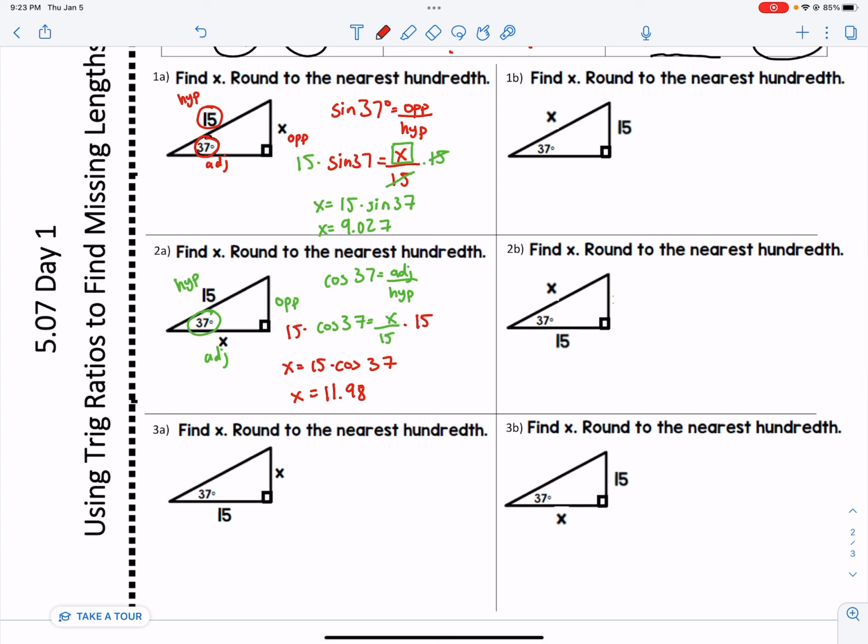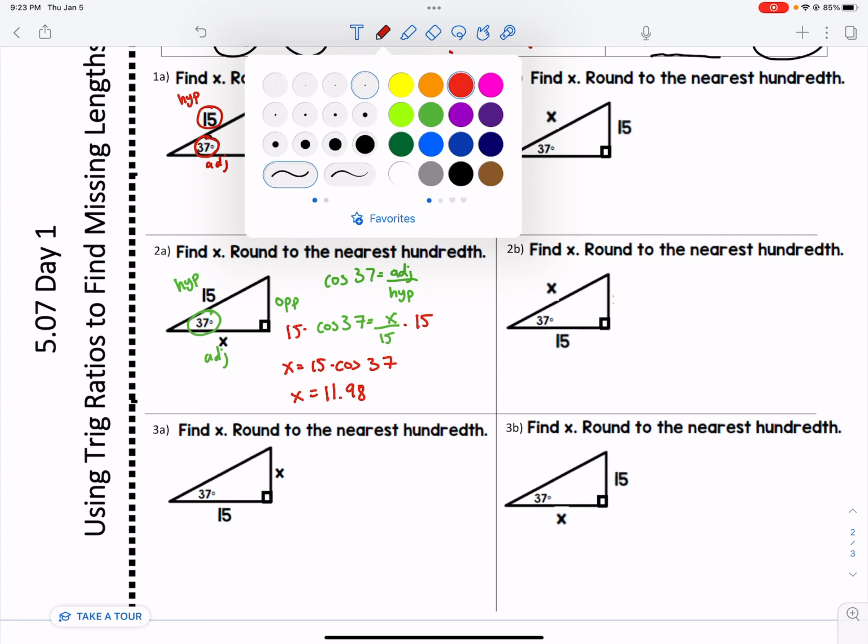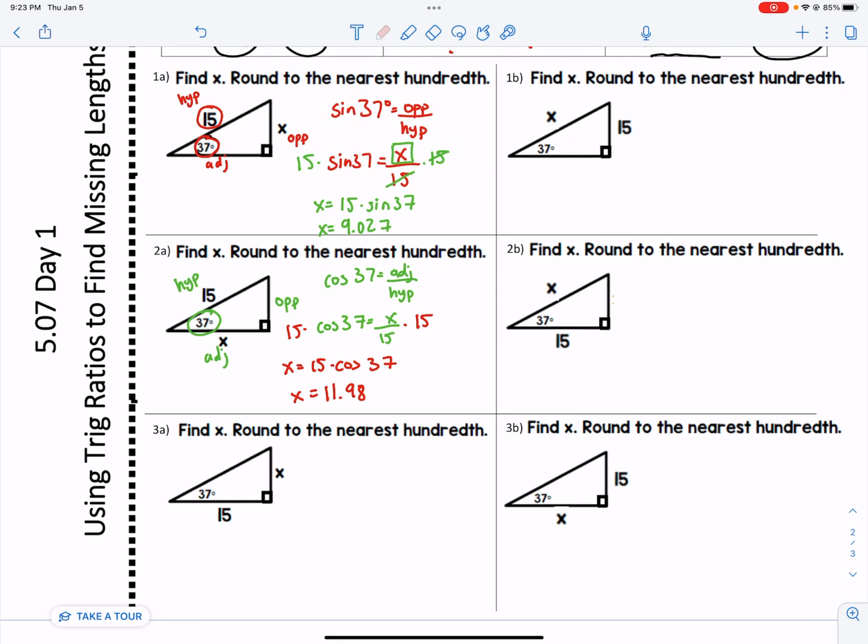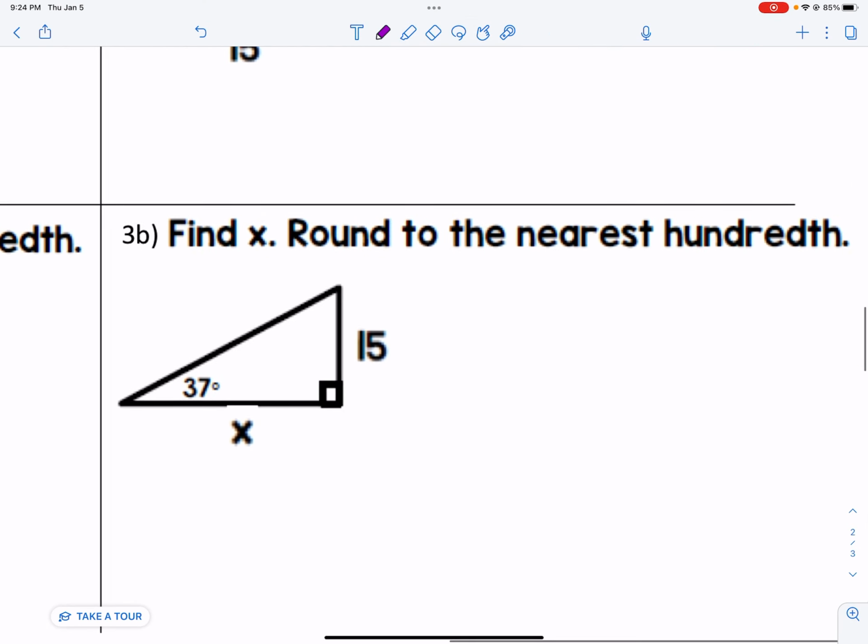And on the last one, for 3a, let's set up 3a. I'm actually going to let you do 3a. I'll do 3b for you. So for 3b, I'm looking at this angle, and I have 15. I'll label this one as hypotenuse, this one as opposite, and this one as adjacent.